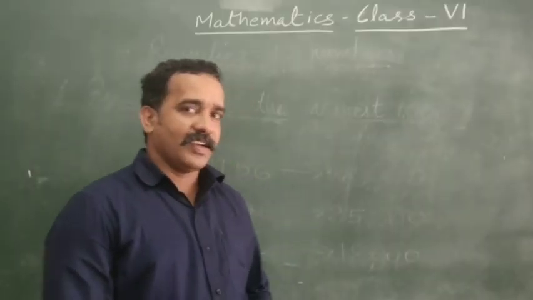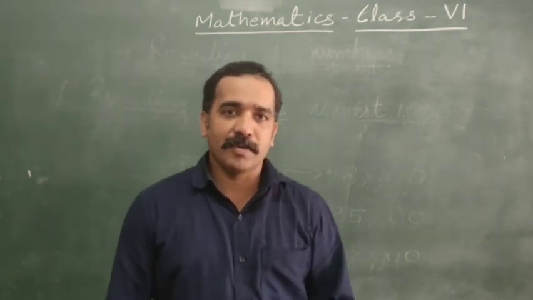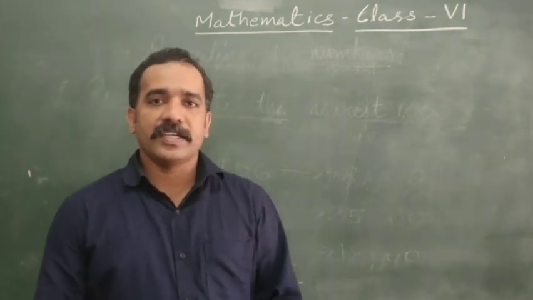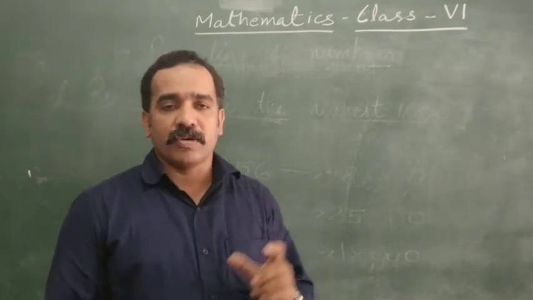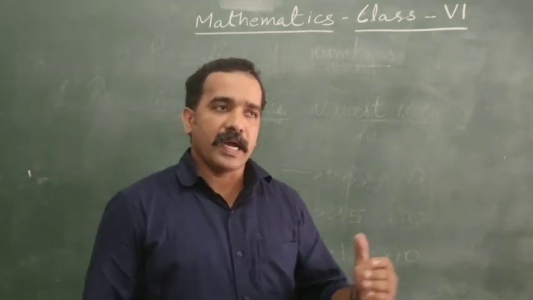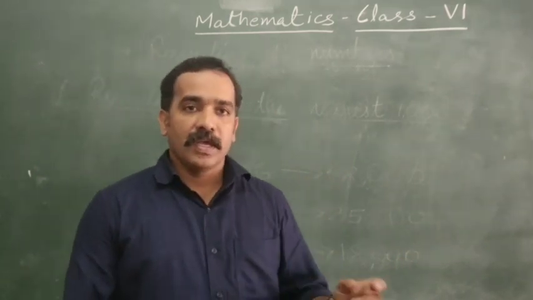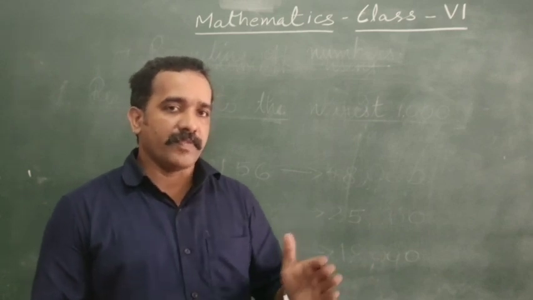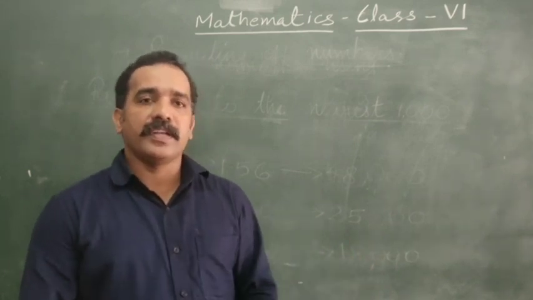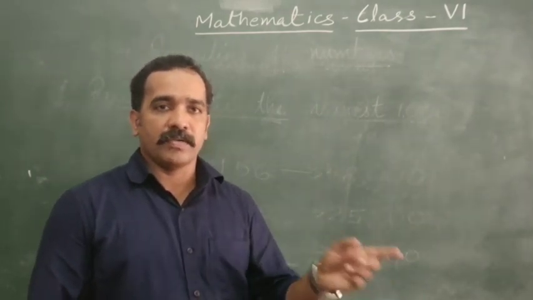Okay children, in the last few classes we were discussing the Indian and international place value systems, and we saw how to make big and small numbers and ascending and descending orders of numbers. During the last session we also saw how to convert a number given in the international place value system to the Indian place value system and vice versa.